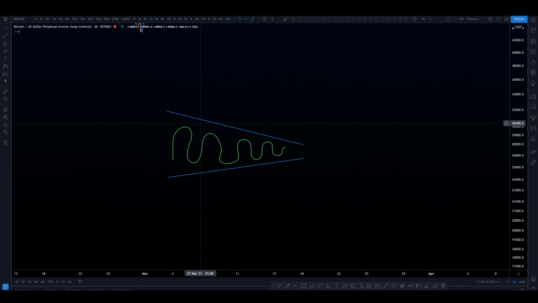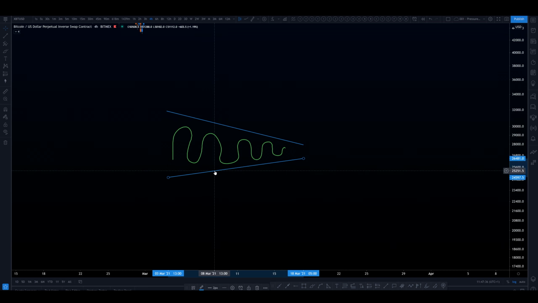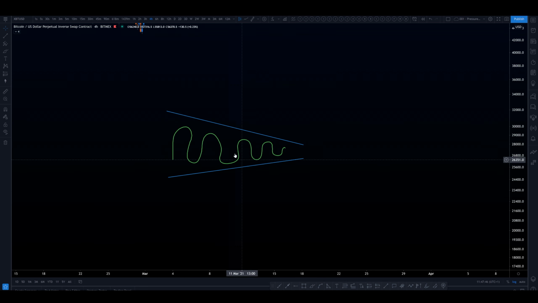So if we get back, we can see we do have two entities and both act as support and resistance. So the first requirement is met for a trading range. However, we do not have consistent lows and highs here because they are converging. They are running together here in this narrow space.